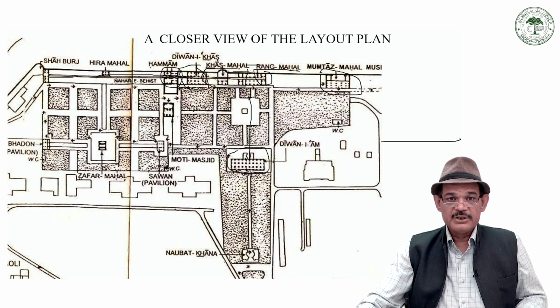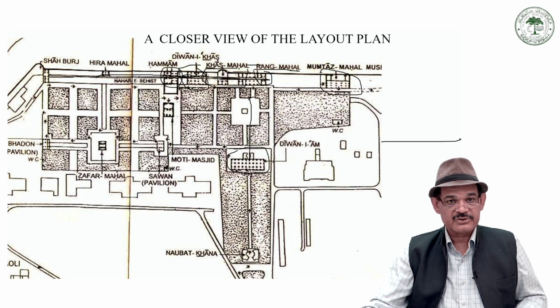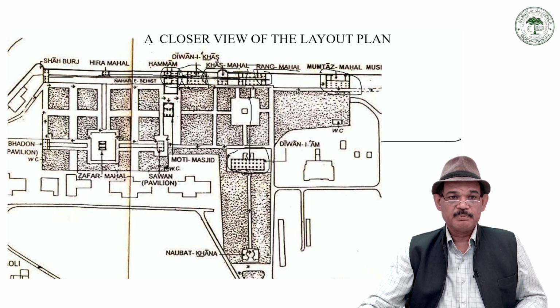This water channel crosses the Hammam, the Diwan-e-Khas, the Khas Mahal, and then the Rang Mahal. It is known as Nahr-e-Behist, the stream of paradise. It got its water from the Shahaburj on the northernmost periphery, where water from the river Yamuna was lifted.